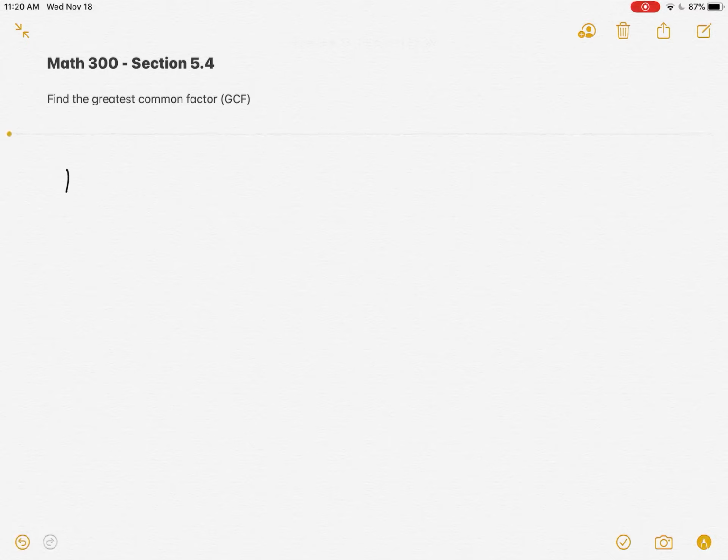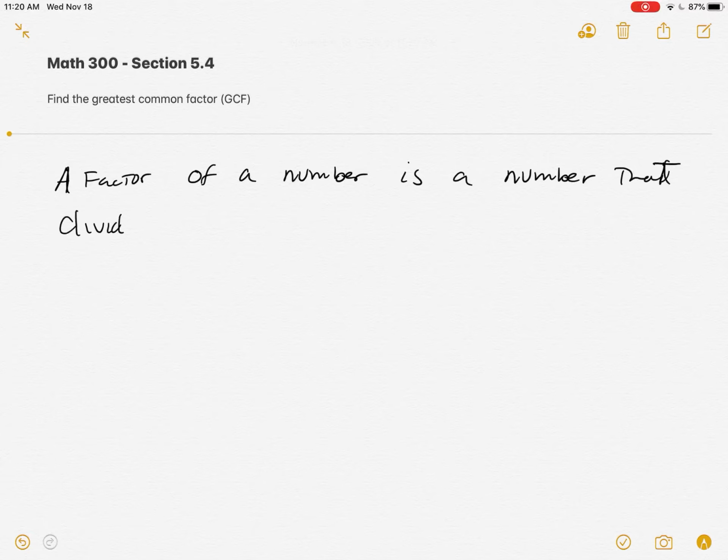So a factor of a number is a number that divides it.